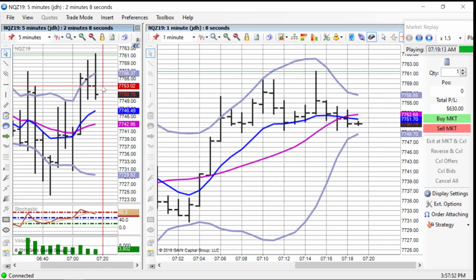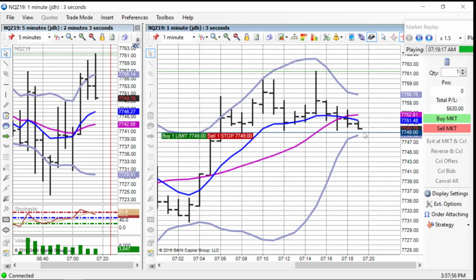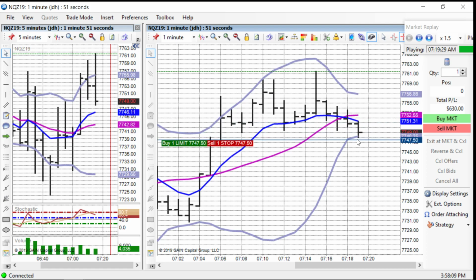As much as I saw that it looks like it's moving downward, I didn't see at this point right here, it looked like we had a lot of room, and still, I would have hit that second trade.